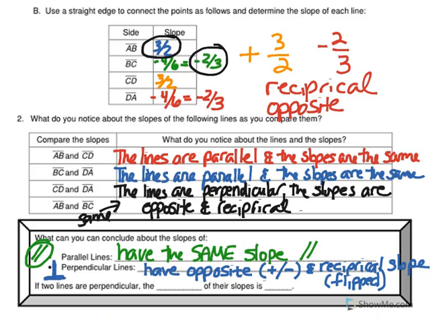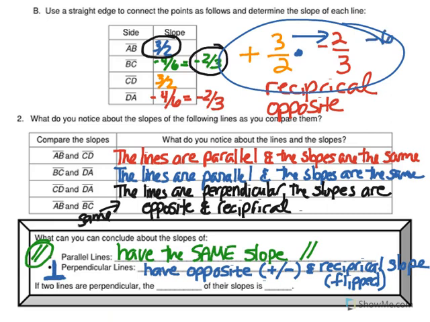Now, it says if two lines are perpendicular, the blank of their slopes is blank. Okay, so I know you probably don't know what I'm looking for there, but I want to show you that if we take perpendicular slopes, and I'm going to go back up here to where we were looking at it earlier. If I were to take the two slopes, 3 over 2, and multiply the other one, negative 2/3, let's multiply them.